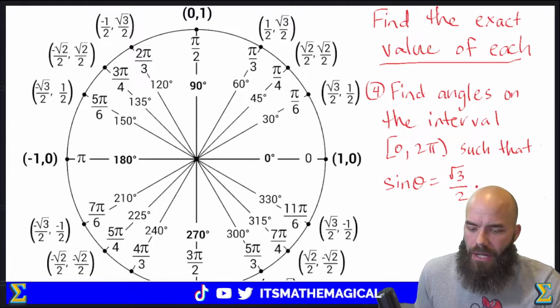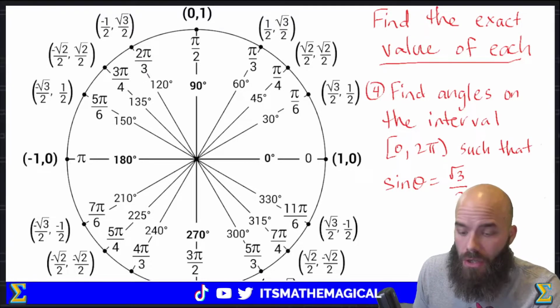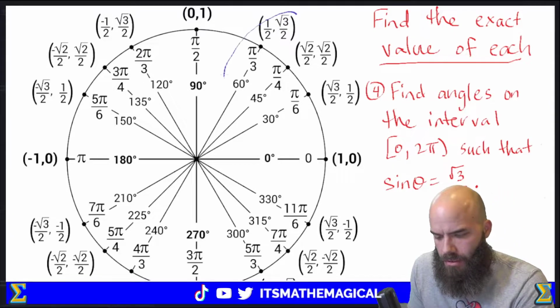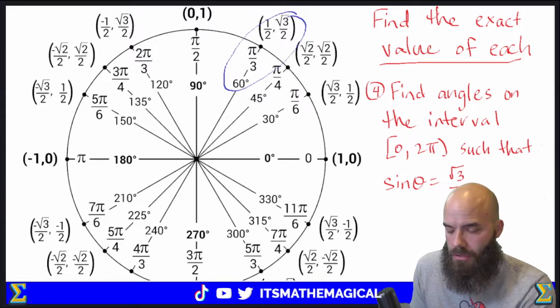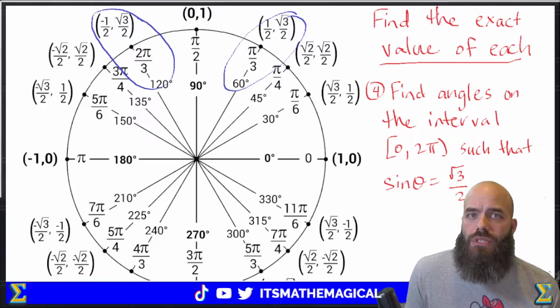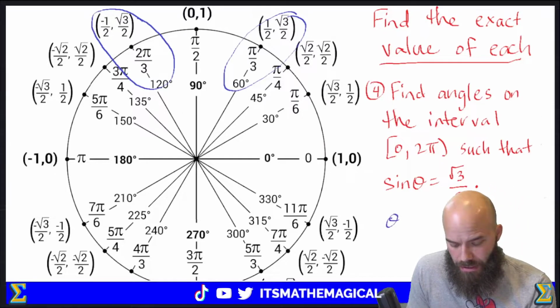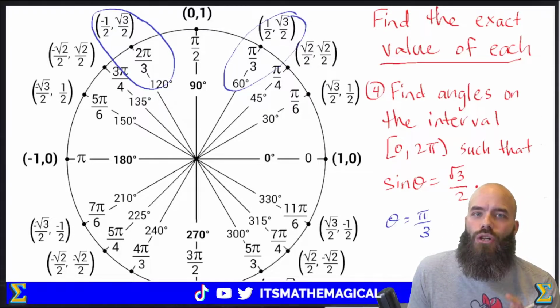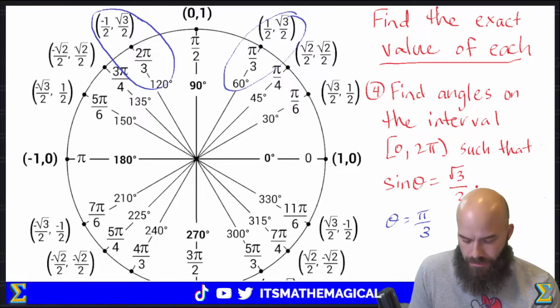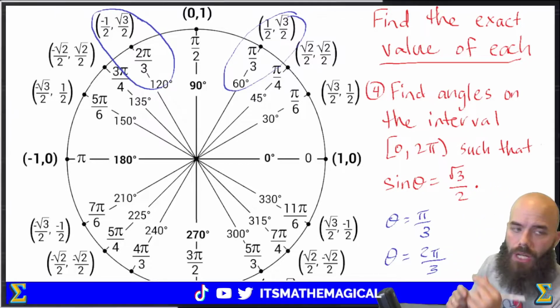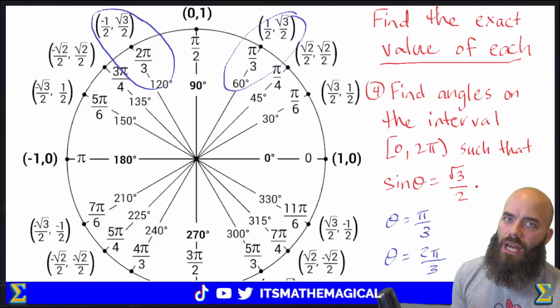And so if you look very carefully, you'll find those angles are here and here. And so on the interval 0 to 2 pi, sine of pi over 3 is equal to √3/2, and so is sine of 2 pi over 3. It's this way that we need to actually view the unit circle to solve trig equations.